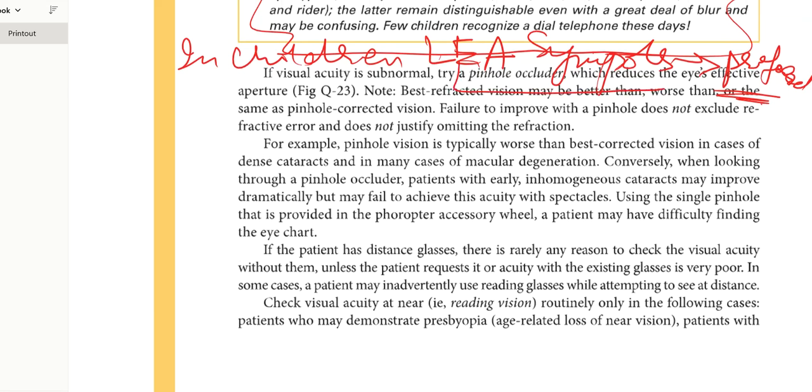Pinhole occluder does what? It reduces the eye's refractive aperture.